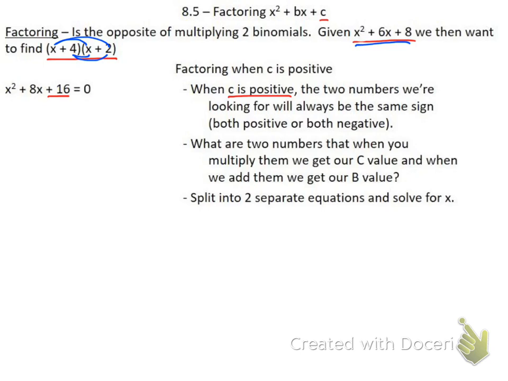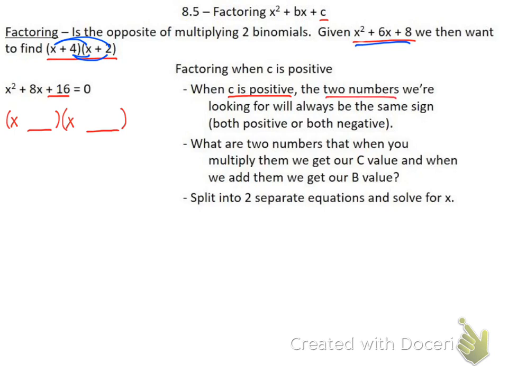What we're going to be doing is looking for two numbers. So our second step is going to be two parentheses. For today, x will always be the first number, and then what I'm looking for is to fill in the blank. So I'm looking for the number that will go into the second space of both the parentheses.